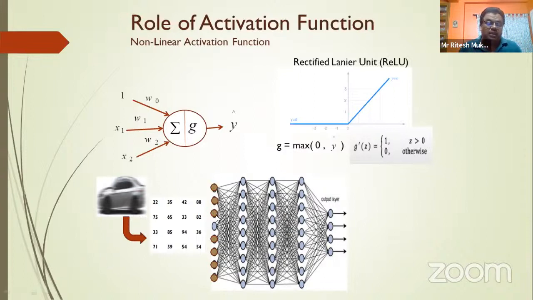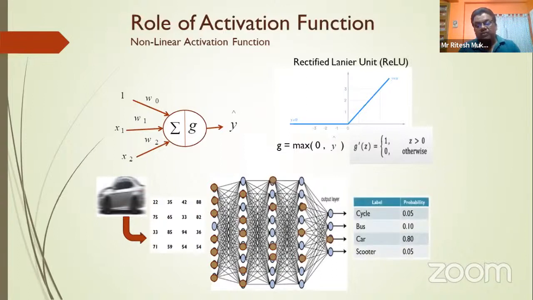See, different values will be activated in the first layer. Now, again, depending on that operation and that activation function, few of the values will be forwarded to the next layer and few of the nodes will be activated. Similarly the next layer, and the next layer. Finally, only one node will be activated, that means where the probability is maximum. So effectively we'll get the result as car.